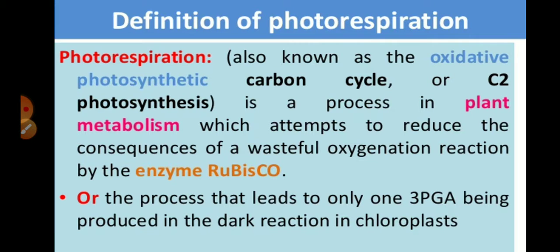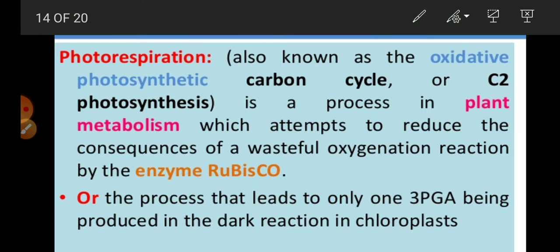Okay, up to here we have discussed respiration, but now we are going to see another term, photorespiration. What is photorespiration? It is also known as the oxidative photosynthetic carbon cycle, or the C2 cycle or C2 photosynthesis.